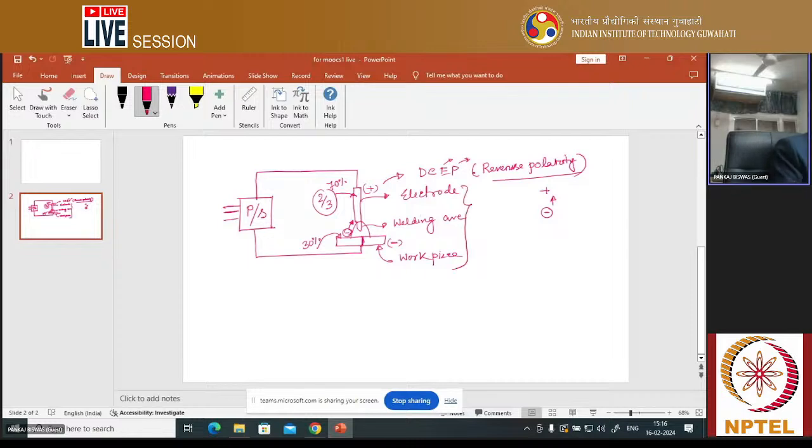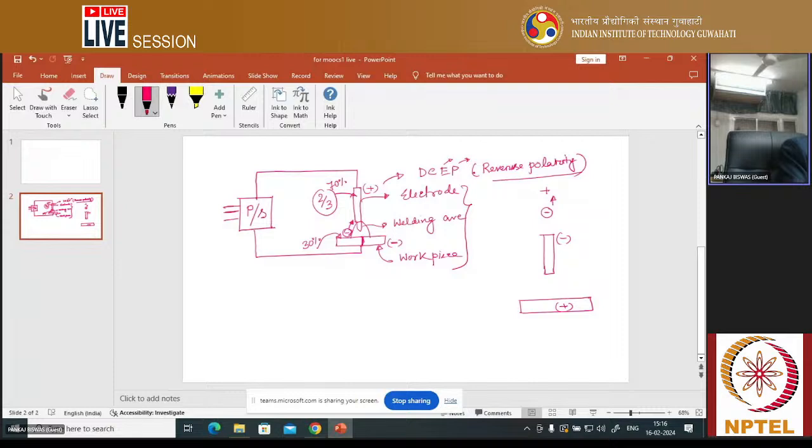This is one case. Another case is generally called straight polarity. Straight polarity means if the direction of electron flow is towards the workpiece, that means electron bombardment takes place on the workpiece, then what should be the polarity of the electrode? The electrode polarity should be negative, and the workpiece polarity should be positive.